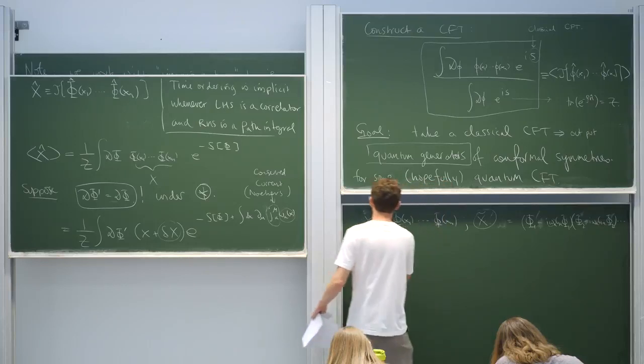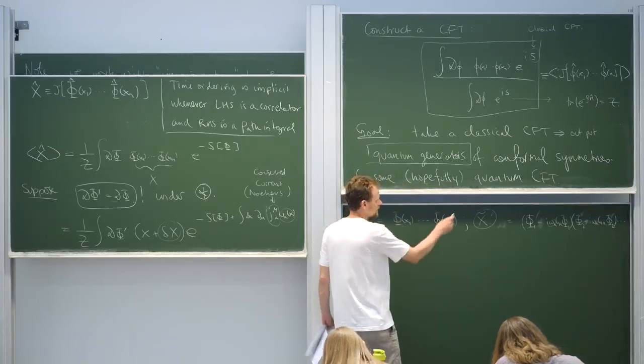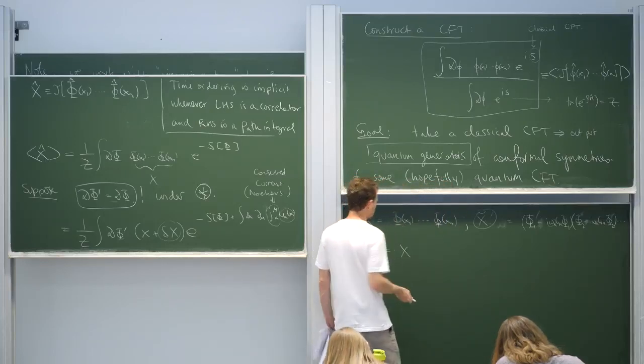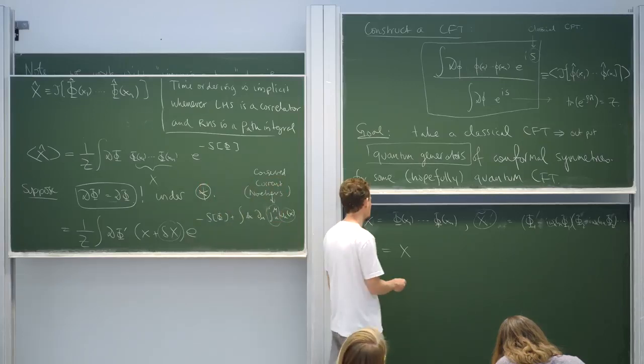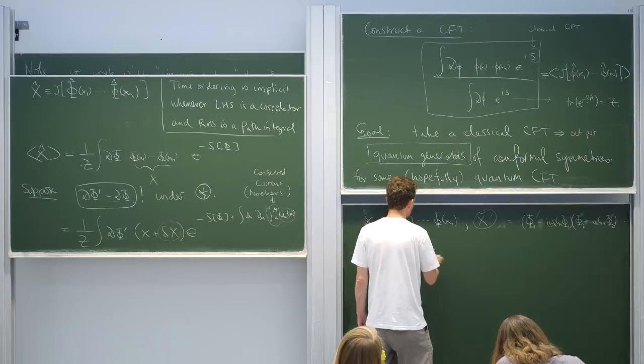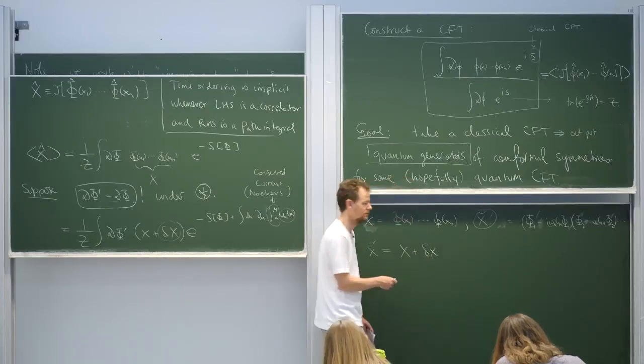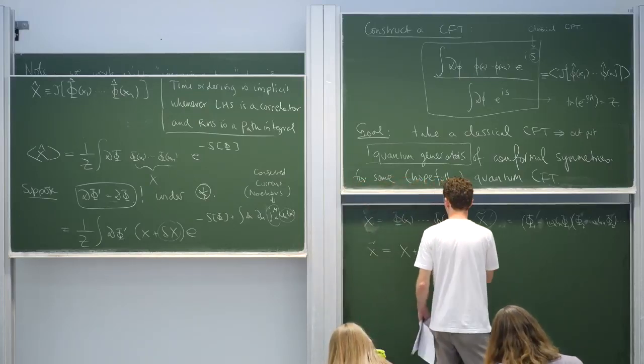And then let's just collect x twiddle to order omega. Omega is the small thing here. Well, it's going to be x, right? If you drop all the infinitesimals, you get just the original thing again, plus delta x. That's the first order contribution.